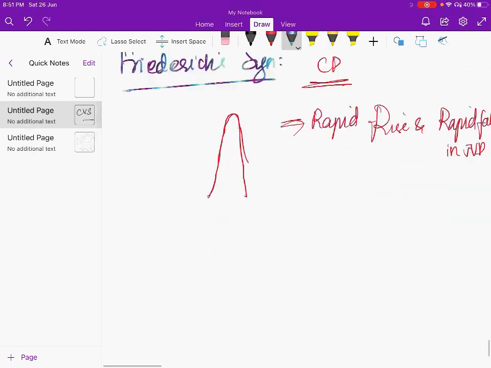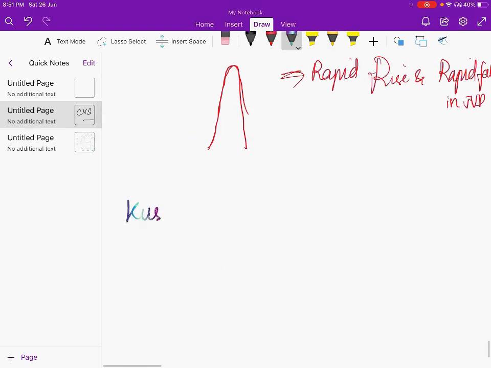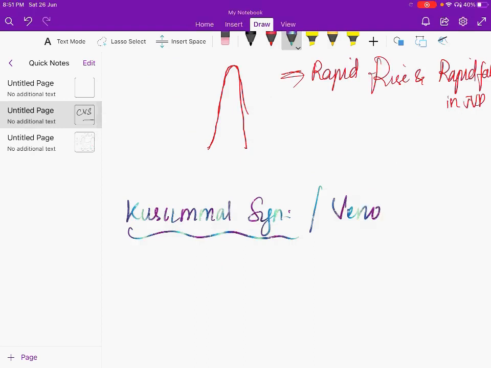So okay, the next sign, your Kussmaul sign, also called venous paradox. Any idea?